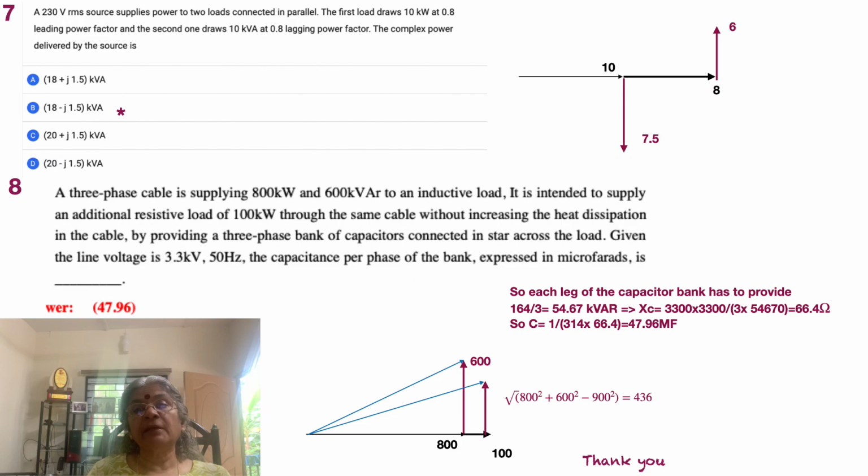So we have 6, and since it's lagging power factor, it is considered positive. In total we have 10 and 8, 18 kilowatt active power requirement, and reactive power requirement is 7.5 minus 6, or 6 minus 7.5, whatever, and it's going to be minus 1.5. So this is going to be the complex power, as mentioned here.